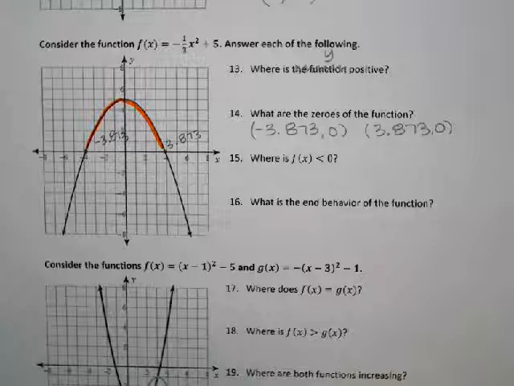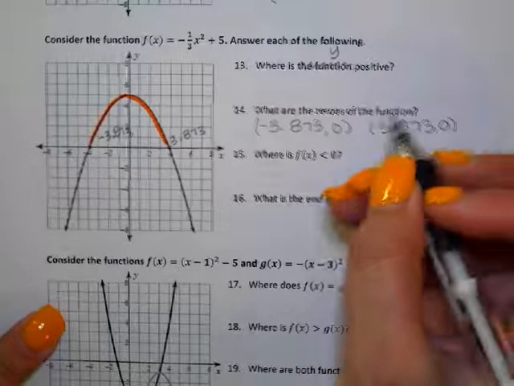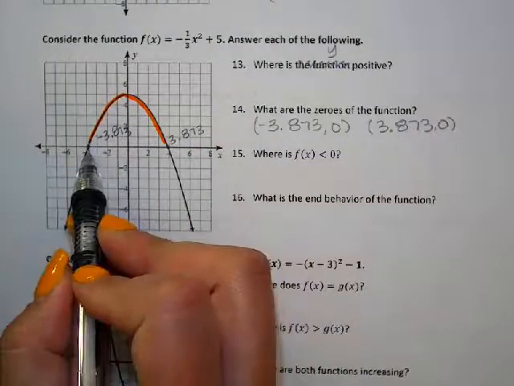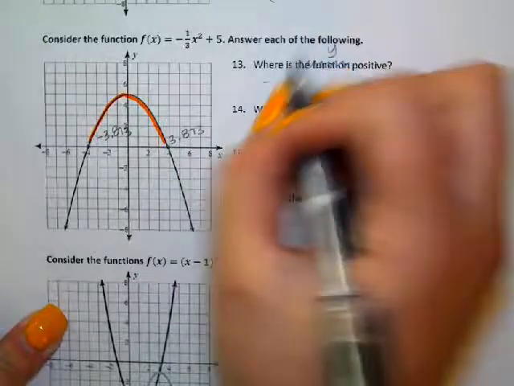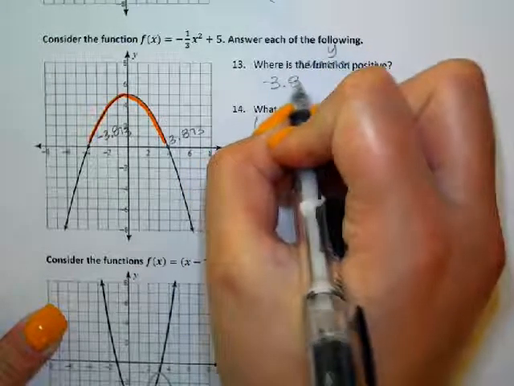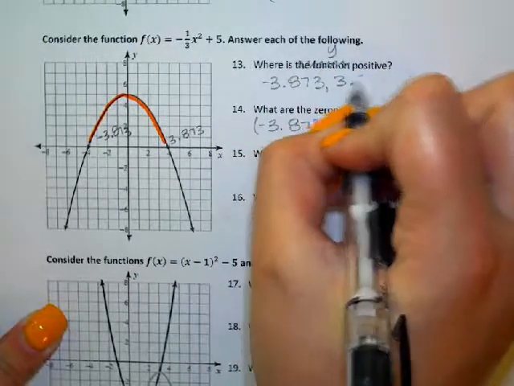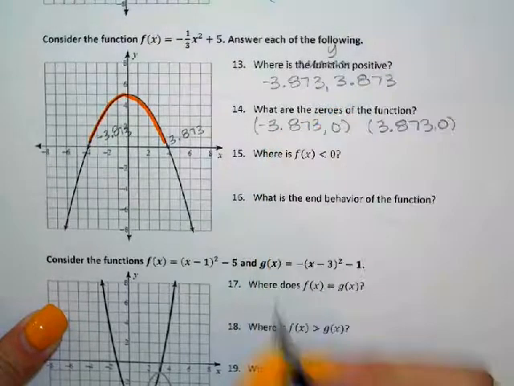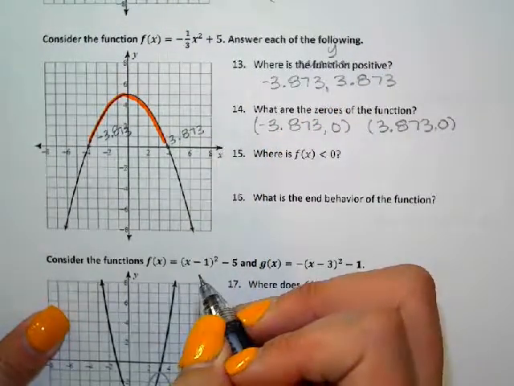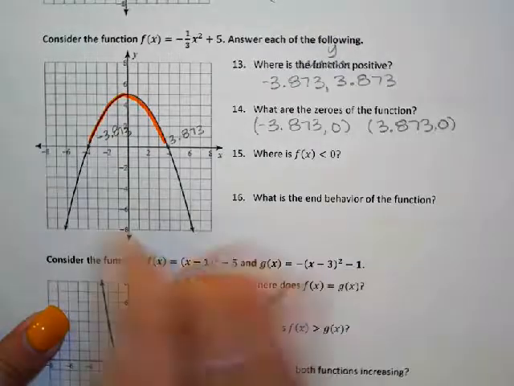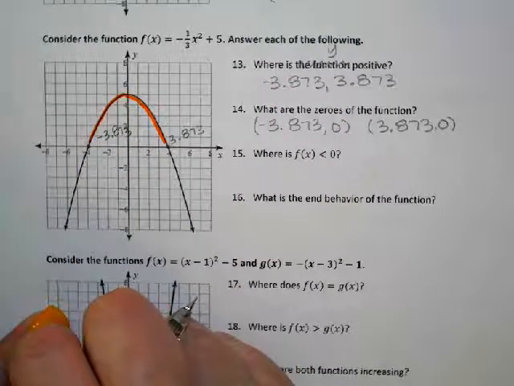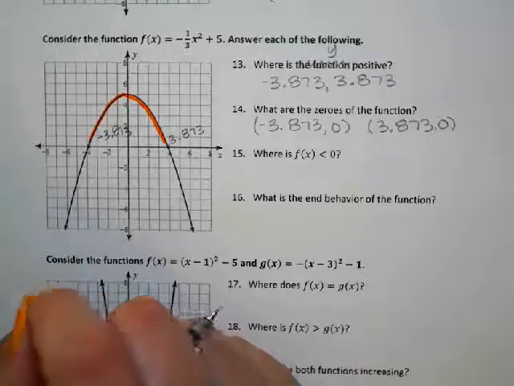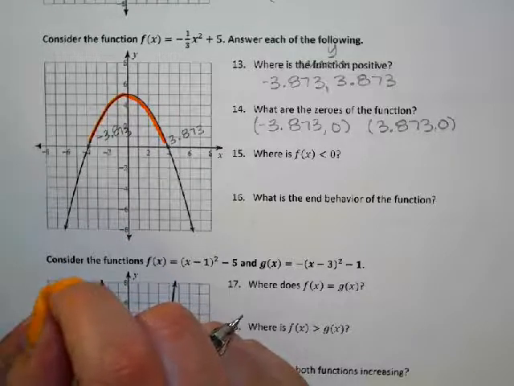All right. So where's the function positive? So we have from -3.873 to 3.873. Brackets or parentheses? Parentheses.